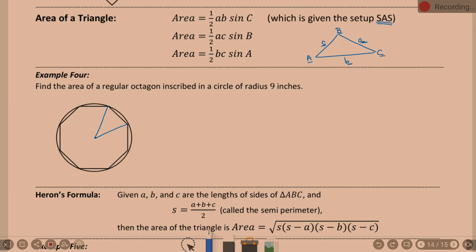The idea that each of the two sides of this triangle are going to be the same as the radius. So the two sides of this triangle are each 9 inches, right? And we need to know that angle in between them.